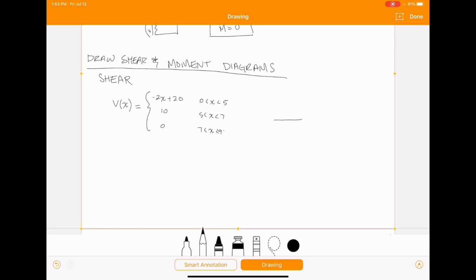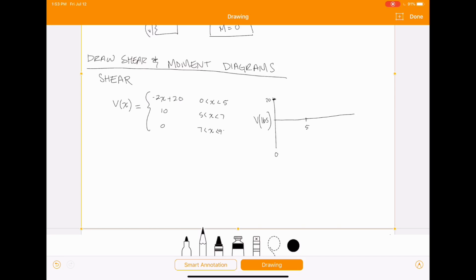So we can simply just graph these. And just to remind ourselves, we're working in pounds. So we look at this between 0 and 5 feet. We use this first equation of negative 2x plus 20. So we know that that's going to be a negative sloping linear line with a y-intercept of 20.